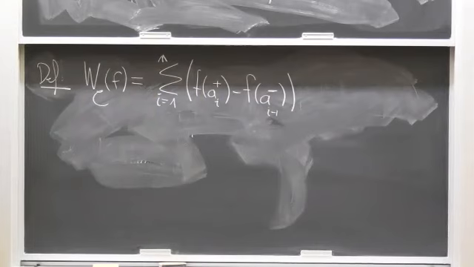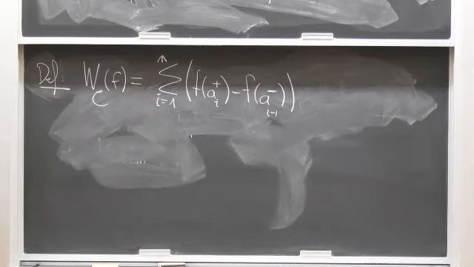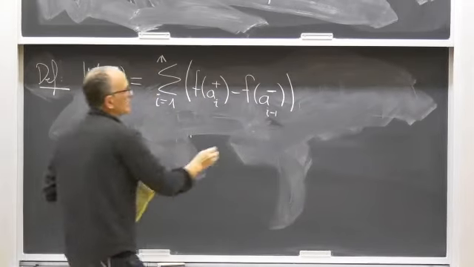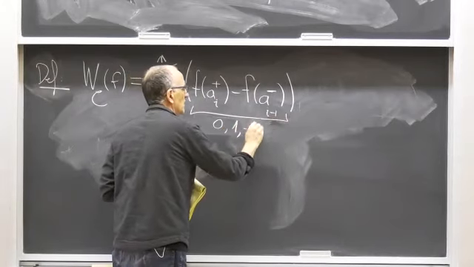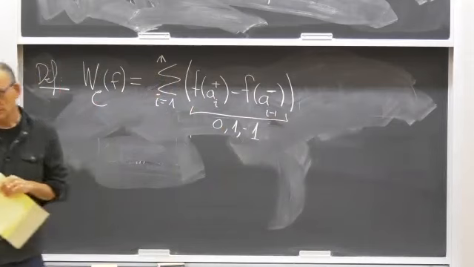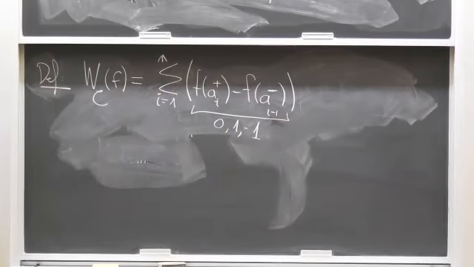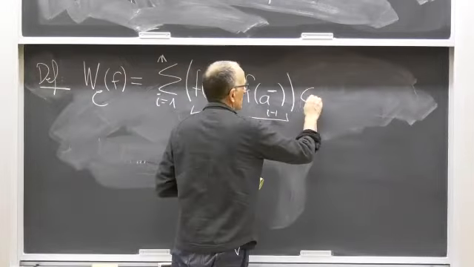We'll go to the example in a second. Each one of these is either 0, 1, or minus 1. So the sum is always in Z.